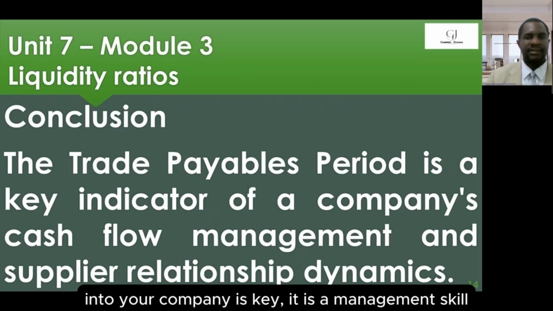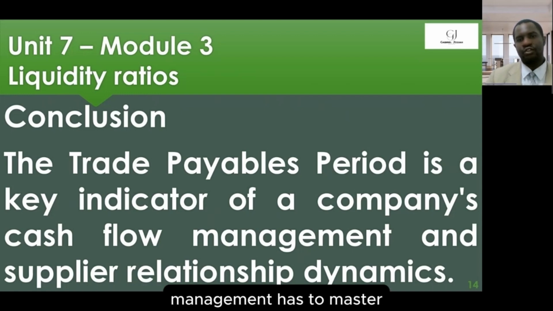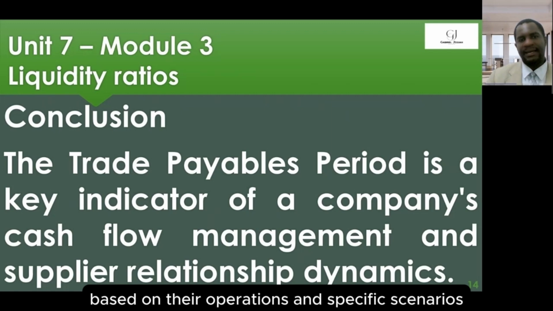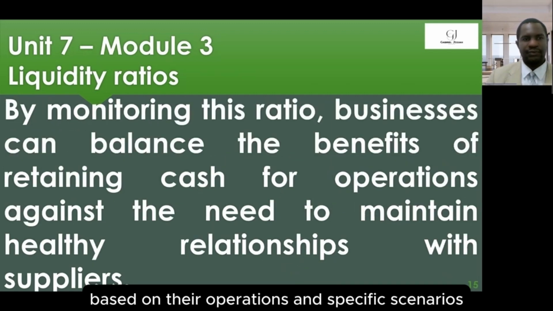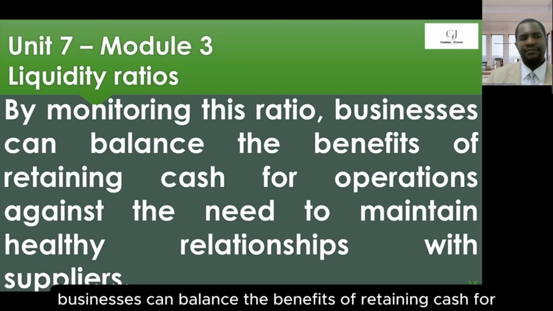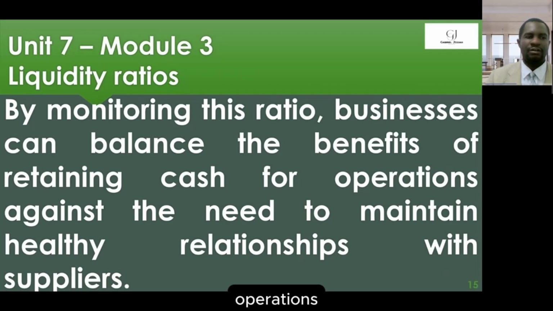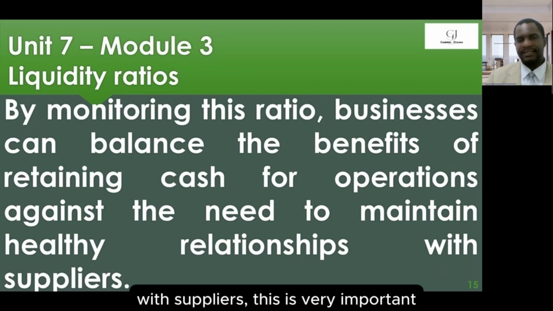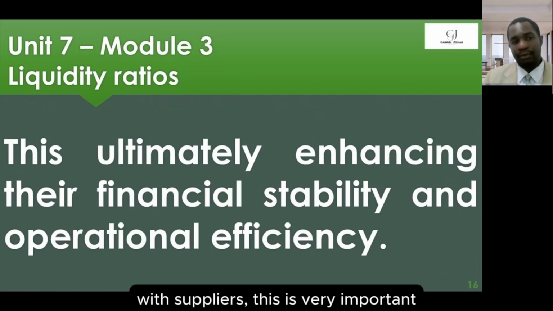It's key. It's a management skill management has to master to ensure that this works seamlessly based on their operations and specific scenarios. By monitoring this ratio, businesses can balance the benefits of retaining cash for operations against the need to maintain healthy relationships with suppliers. This is very important.